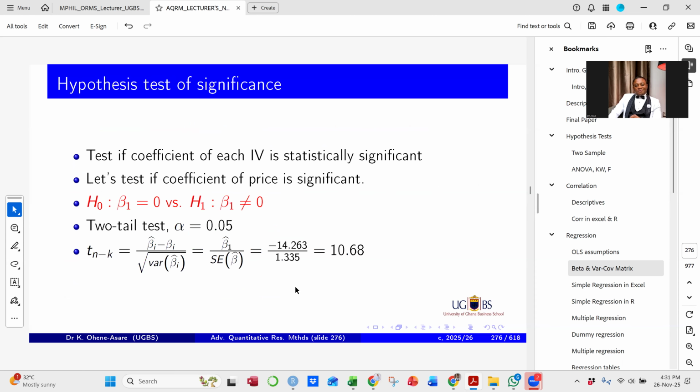Now, after interpreting, you should determine whether it is significant or not significant. You can use the critical value approach like we were doing, or you can use the p-value approach. The p-value approach is just looking at the results and checking the p-value. The critical value approach uses the test statistic, which is 10.68.